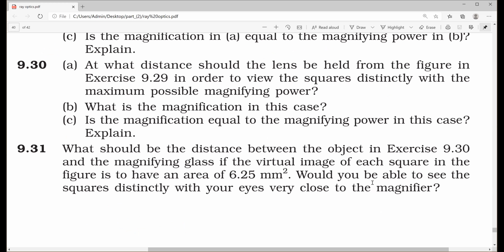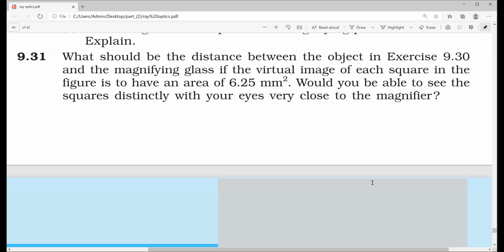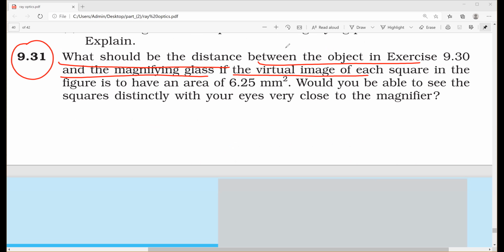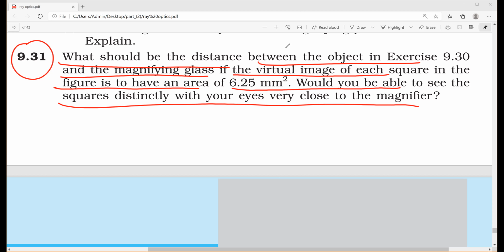So what they ask in the question is, note 9.31.